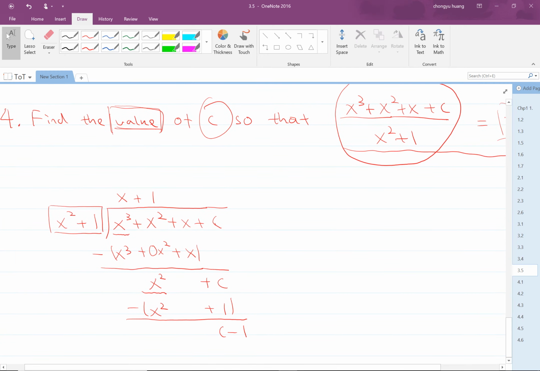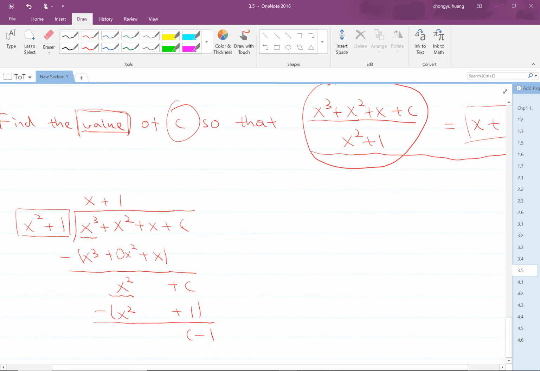Now we actually find the solution for the left hand side.